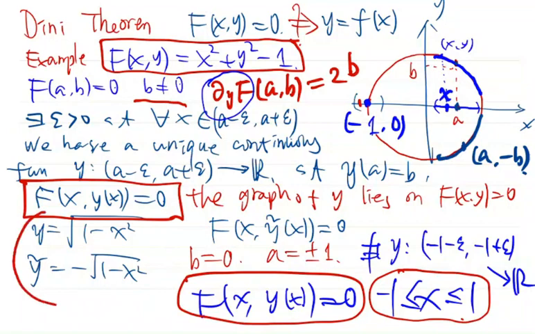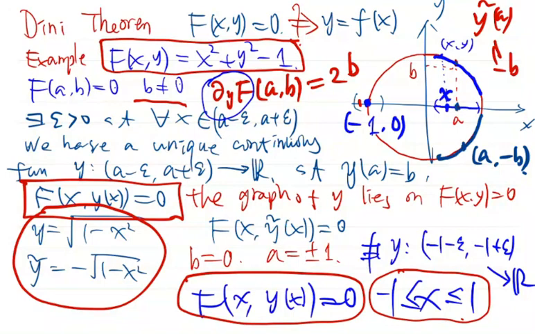Both y and y tilde satisfy the equation F(x, y) equal to 0. Of course, y tilde does not satisfy y tilde(a) equals b. This is y tilde(a) equals minus b, so it could not satisfy y tilde(a) equal to b. But it satisfies the equation F(x, y) equals 0.